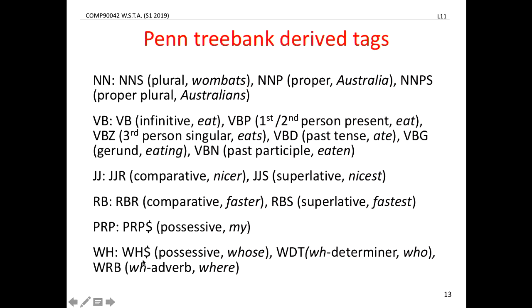And similarly, you can do that with the WHs, so they try to be consistent across the different labels, by and large. Okay, now I'm not going to go into this in huge detail. You can read more about it in the reading. But again, I'm not expecting you to memorize all these categories. I'm just trying to illustrate the breadth of the inventory and the complexity of this problem.